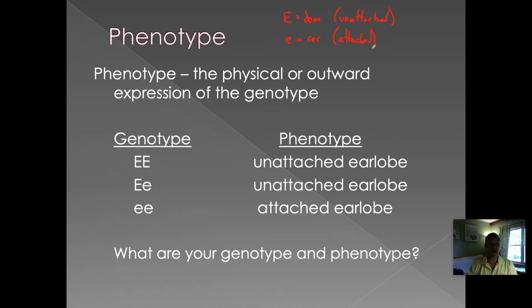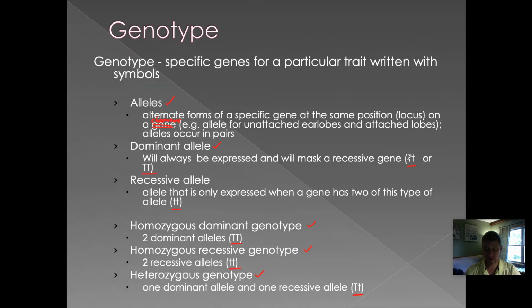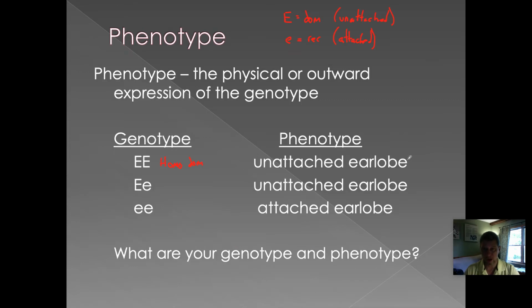Okay, so what happens if you are homozygous dominant? All right, so this person here is homozygous dominant. We've got two copies of the unattached allele. And so what's that person going to look like? That person is going to have unattached earlobes.